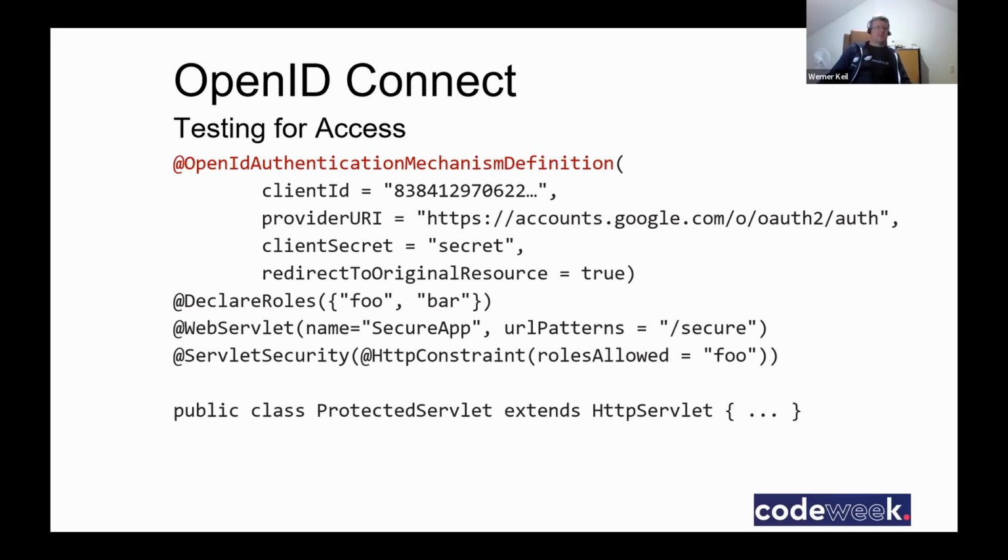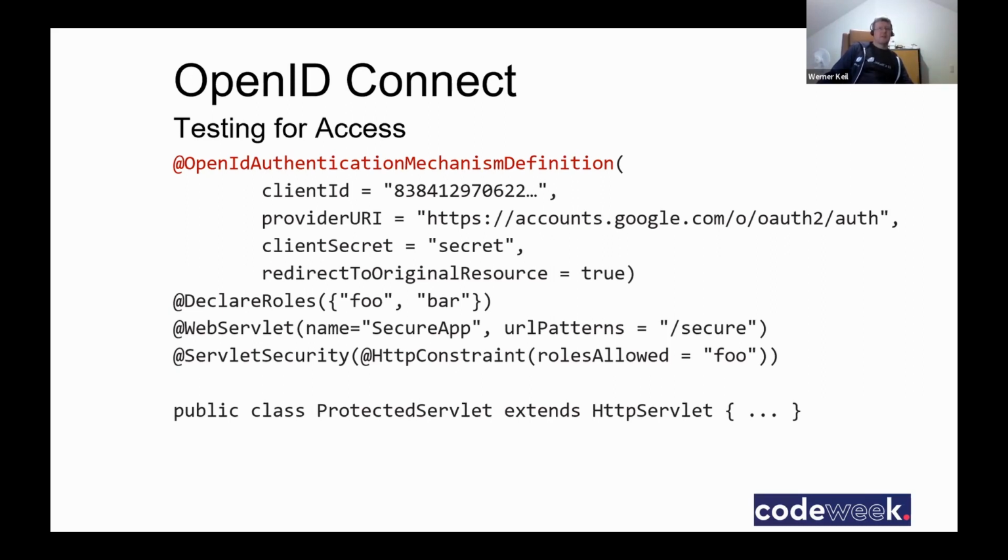So here, basically, it's the same servlet security that we saw earlier, but with additional OpenID authentication mechanism and all the relevant properties. Some of them, of course, you would normally try to use expression language or other ways to stub out some of the secrets, for example, and similar information that you may not want to have in your code, but rather externalize it.